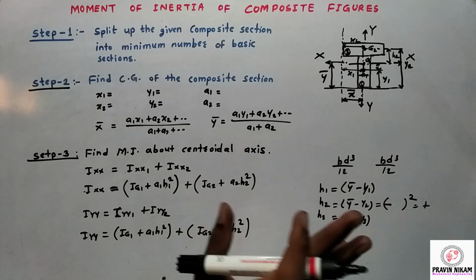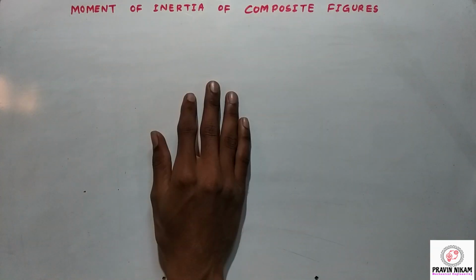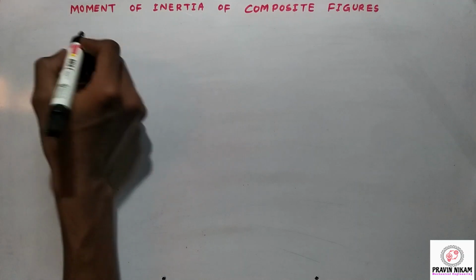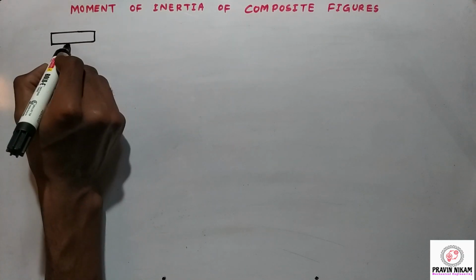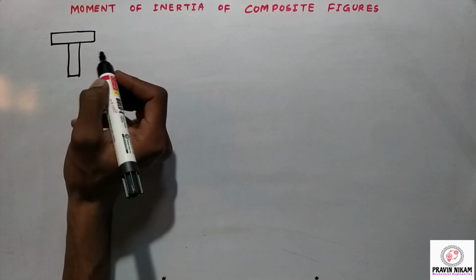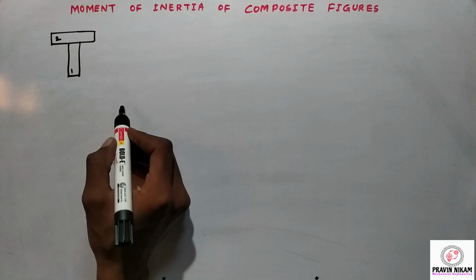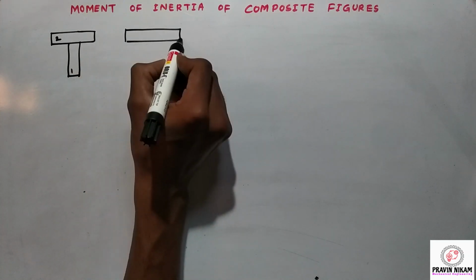Now see some examples of composite section. Now we know this is T section. So it consists of two basic sections. This is 1, this is 2. Now this is I section.